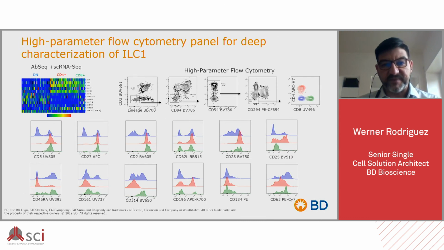And if we wanted to go in depth into the specific heterogeneity for ILC1, again, it has been studied with flow cytometry using the specificities that we see on the left side, and this allows us to confirm what has been observed using the molecular biology workflow with the single cell analysis.